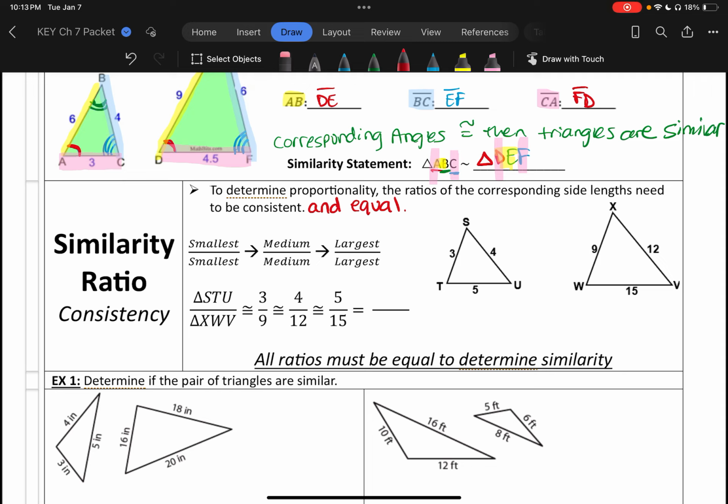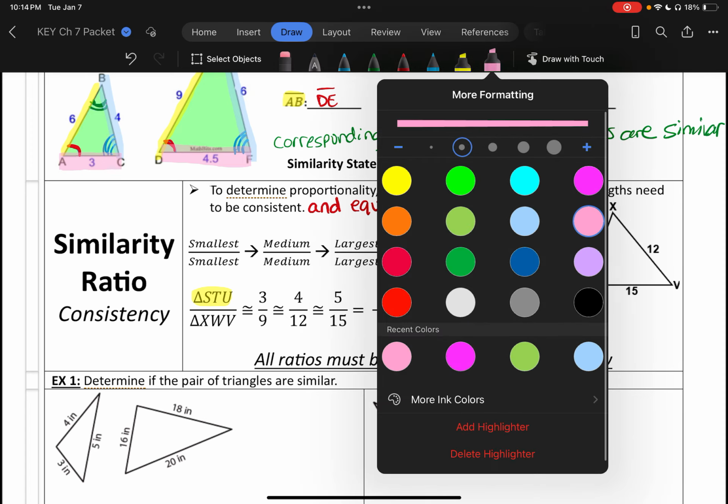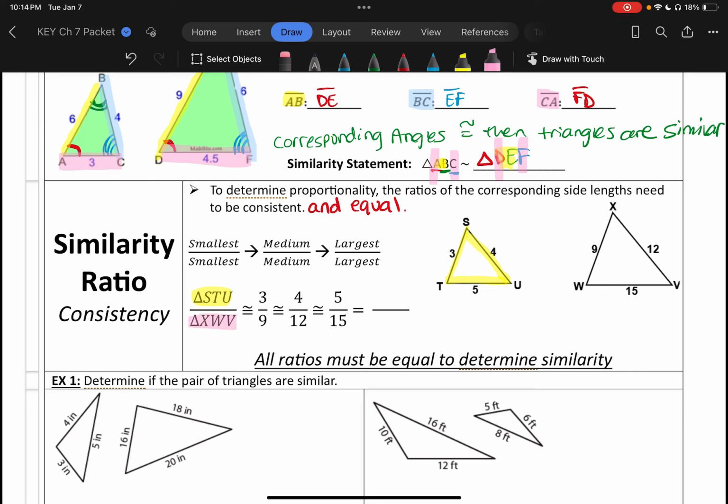So it's telling you that if you're going to be consistent, the way that you can do this is you'll notice that the consistency is what we did a little bit earlier. The numbers that I'm putting on top are coming from triangle STU. The numbers that I'm putting on the bottom are coming from triangle XWV.